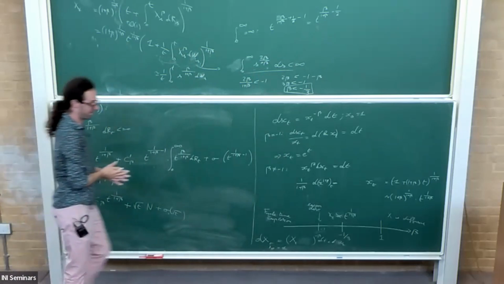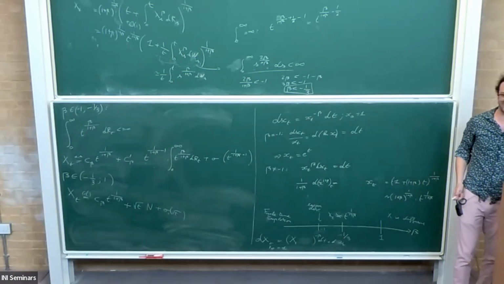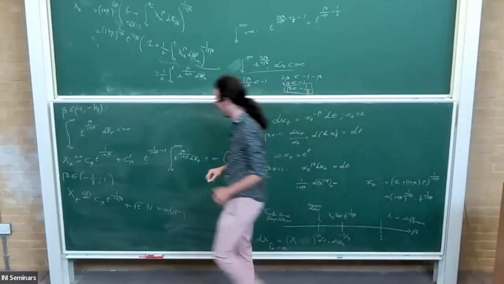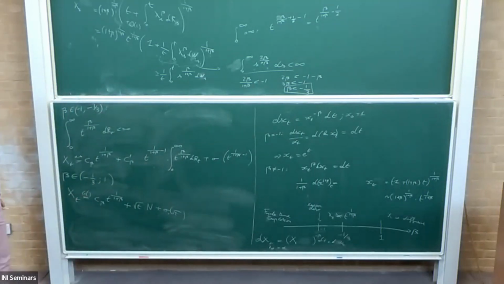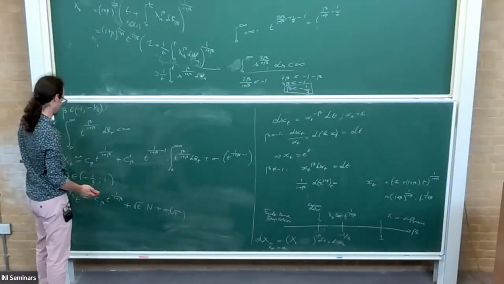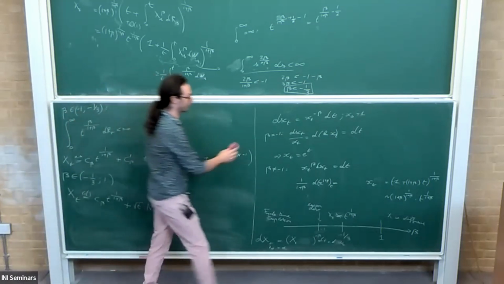Okay. So now it's time to actually talk about the model that we look at in the paper. It's a model of Brownian motion with reflection. So this I want to keep.